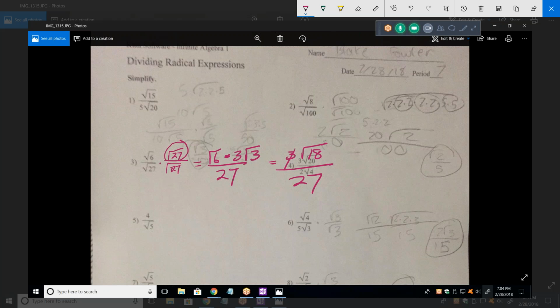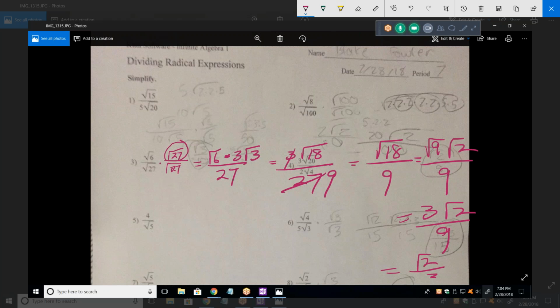I can certainly do that like that. And now it's root 18 divided by 9. I can actually then simplify that a little bit. That's root 9 times root 2 divided by 9, which means we have 3 root 2 divided by 9, which means we have root 2 over 3 for the answer to that.